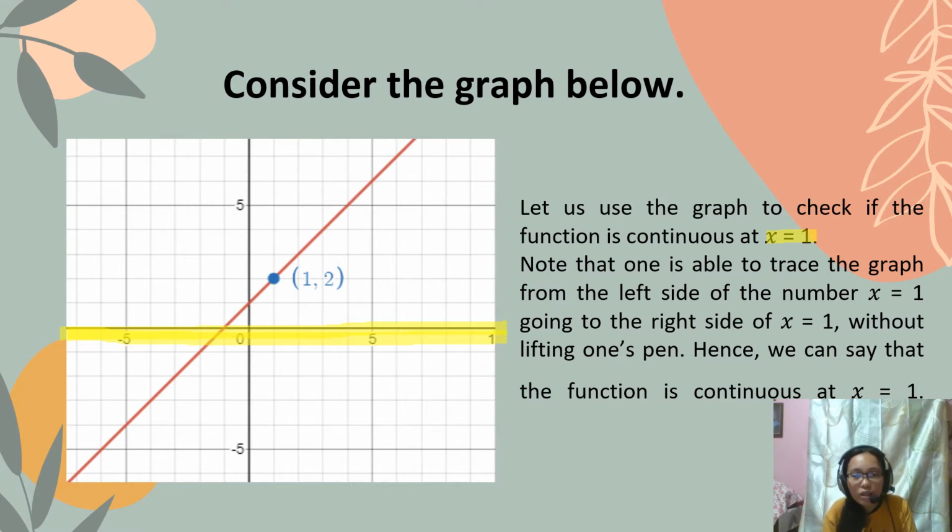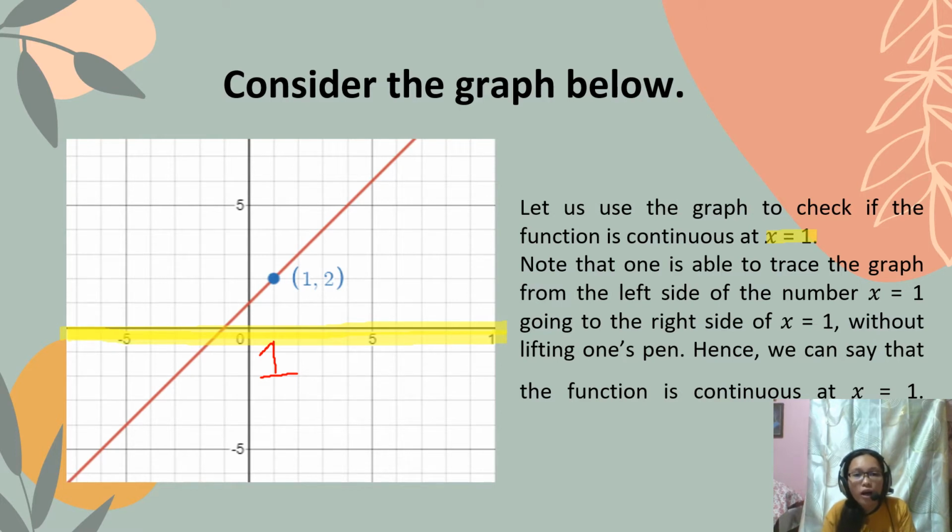If x is equal to 1, then we have to find out where 1 is on the x-axis, and this is 1, right? Note that we are able to trace the graph from the left side of x equals 1 going to the right side of x equals 1. Hence we can say that the function is continuous at x equals 1.